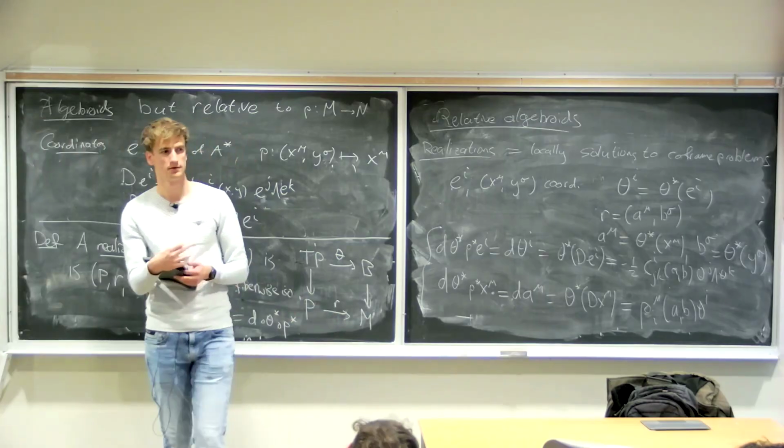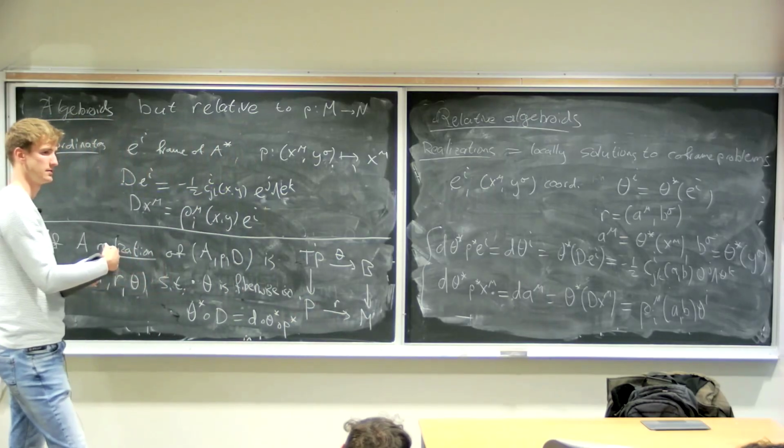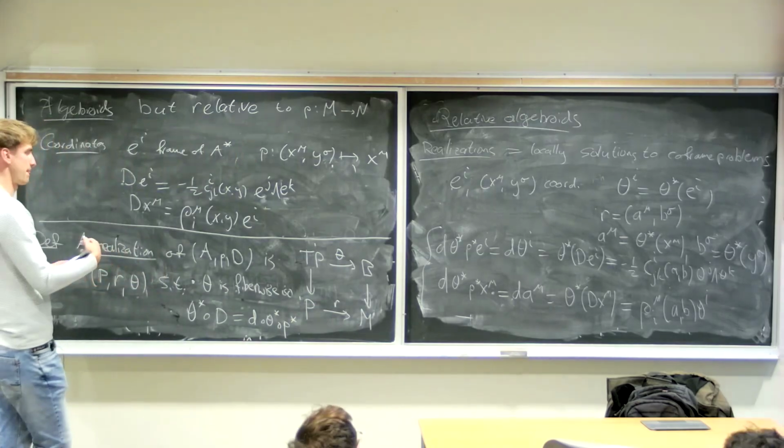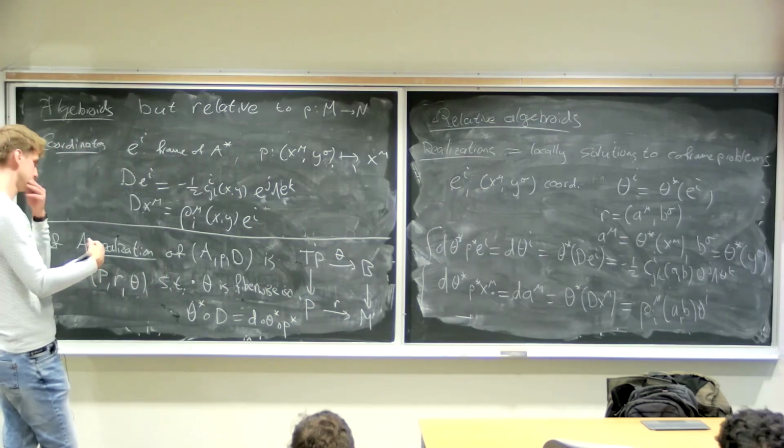Never mind that you found it as a realization. What is the special type of relative algebroid that you can extract from it?